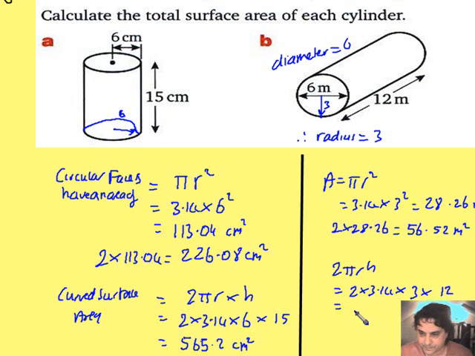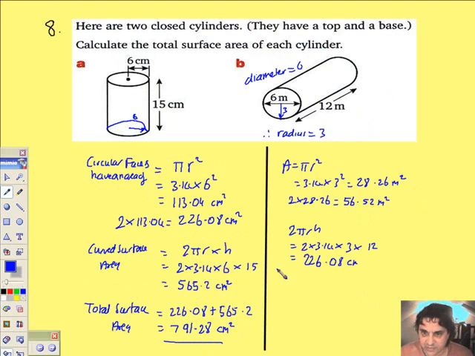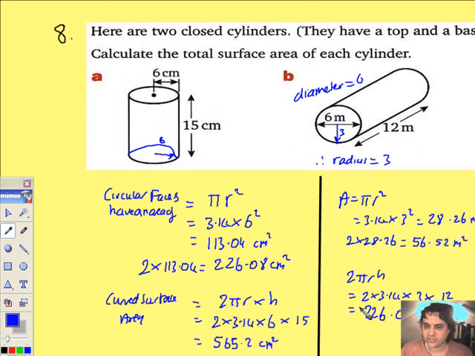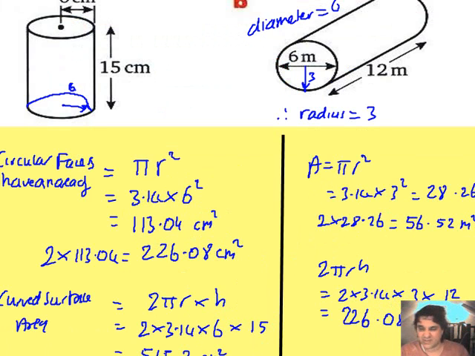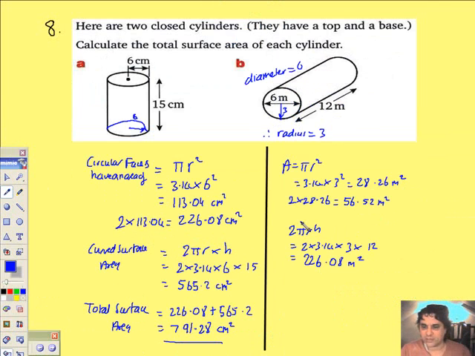That gives us 226.08 meters squared. Just check that. 2 times 3.14 times 3 times 12. So 36 times 6. Yeah, it's quite big, isn't it? Just doing a random check on that.